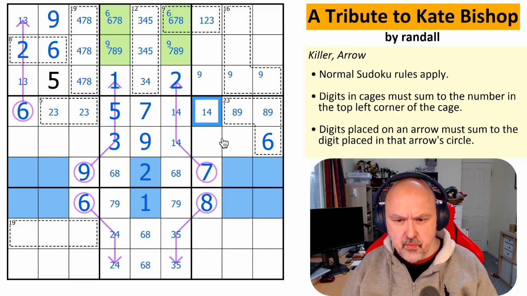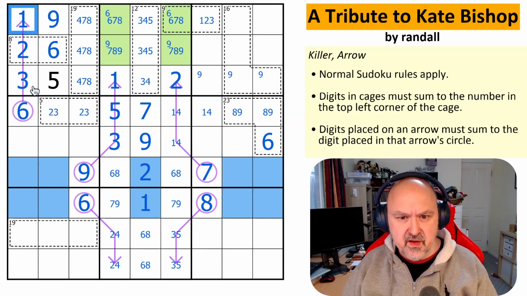This is 1 or 4. That 1 looks back, making that 3 and that 1, which makes that 4 and takes 4 out of those. This is not 1, so this is not 8.